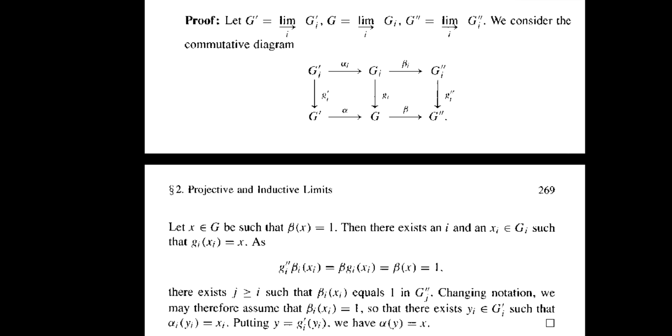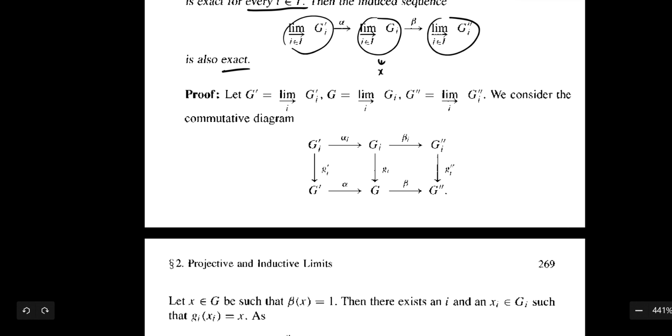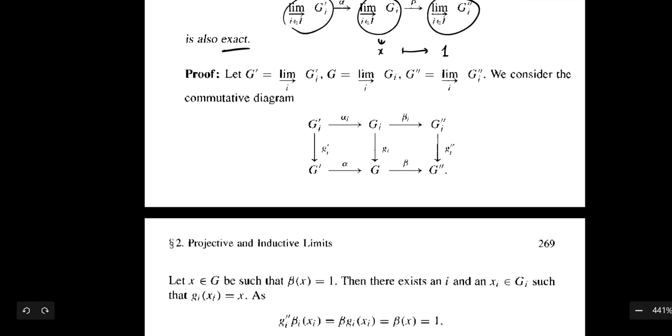Now we choose x in G such that beta x equals 1. We have to check whether the kernel equals the image. And there exists an I and xi and xj such that, it's because each one is exact by the assumption.